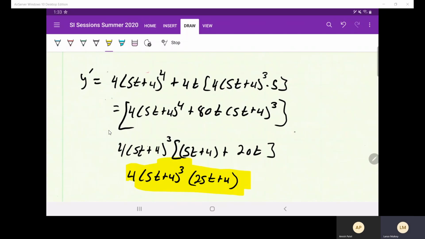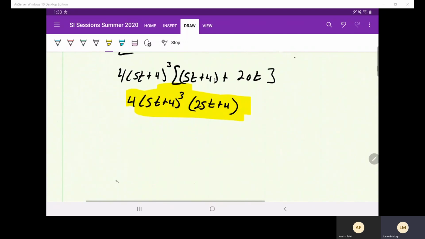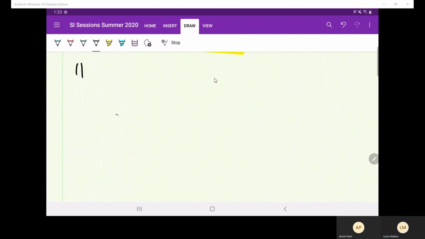Number 6. Okay, let me see if number 6 is the same thing for you as it is for me. All right, my number 6 is... that your number 6? Okay. Any more hints?